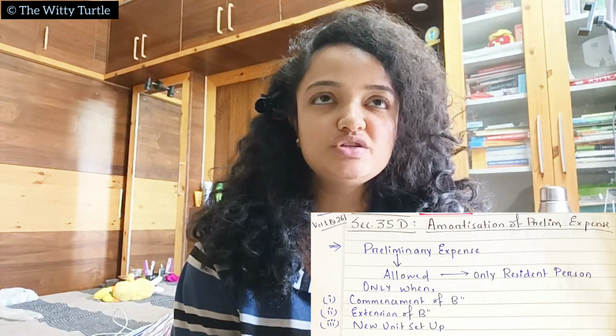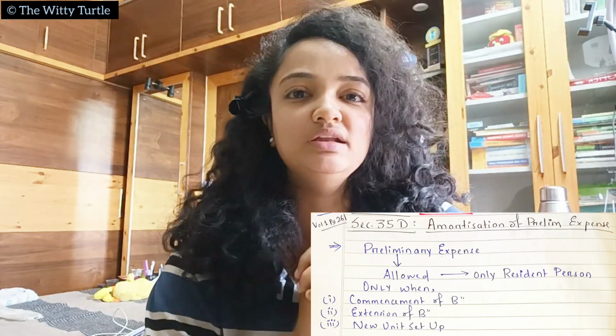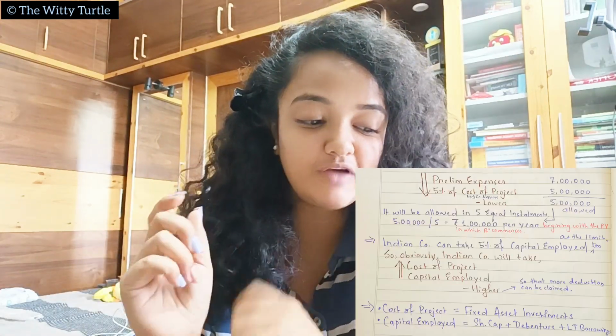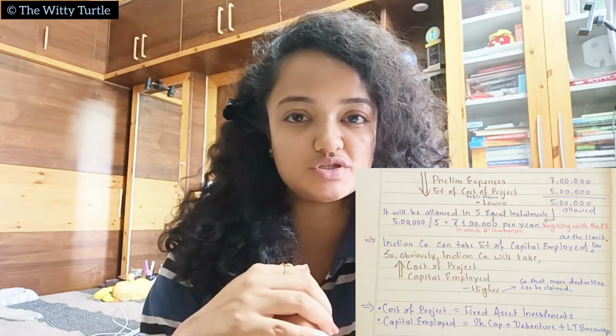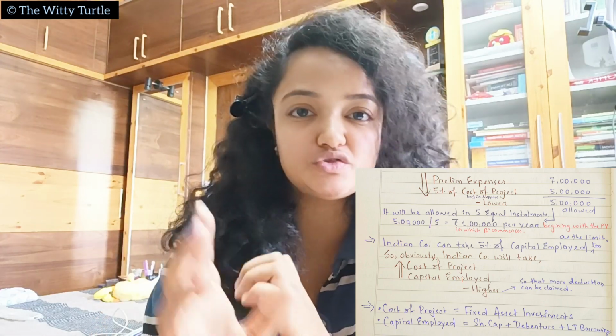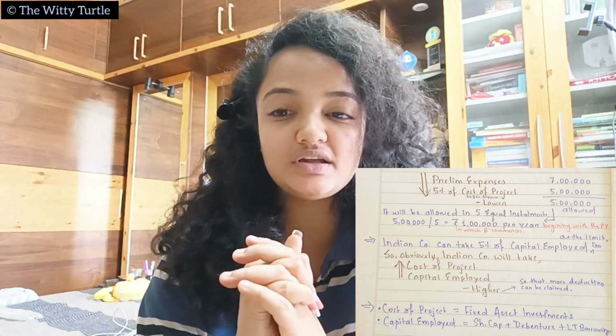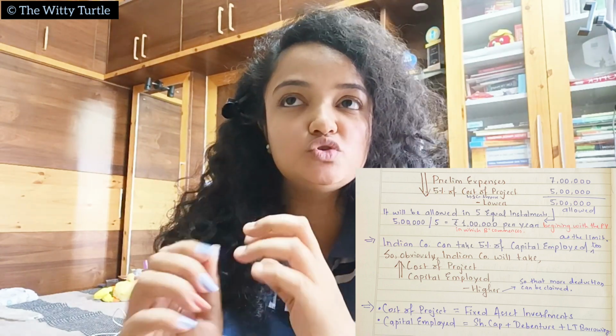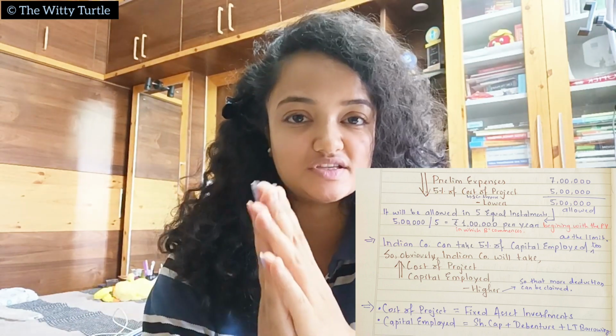Now the question arises that if we are incurring a certain amount of preliminary expenses, then is it allowed for all the amount? Like if we are incurring 5 lakhs, then is it allowed for all the 5 lakhs? So here is the catch. The limit is set up as 5% of the cost of project. So now here the question arises, what do you mean by cost of project? So cost of project includes all kind of fixed asset investment.